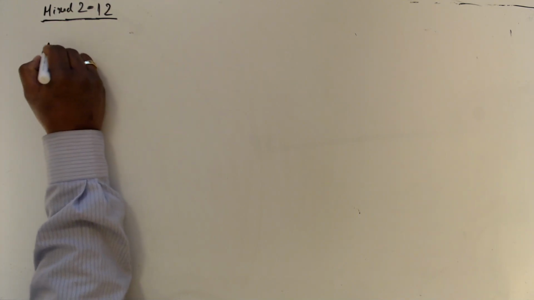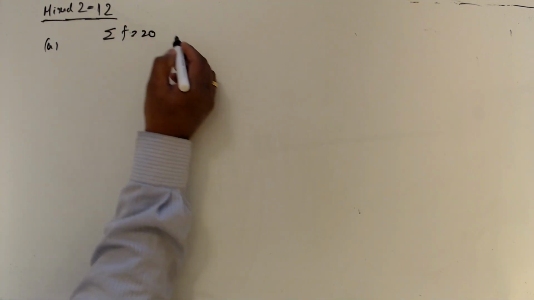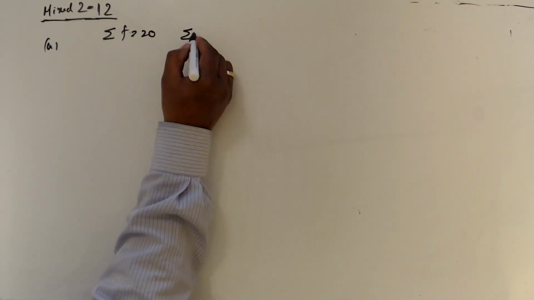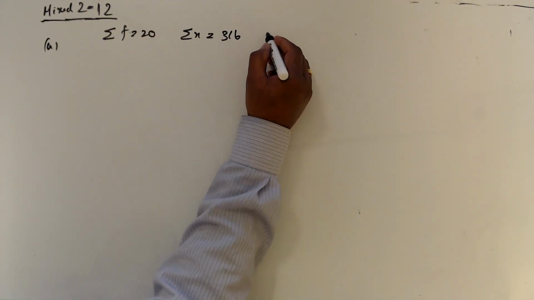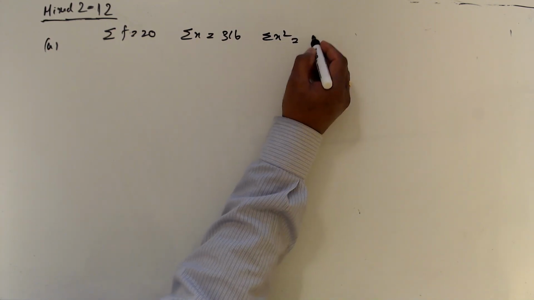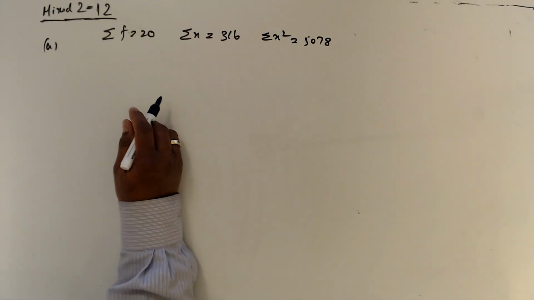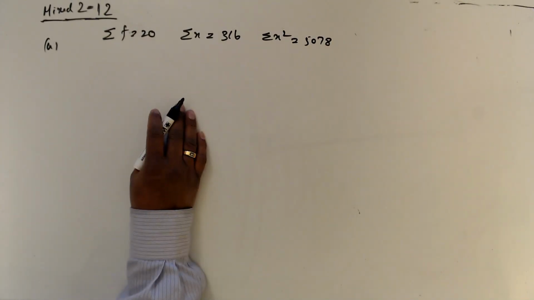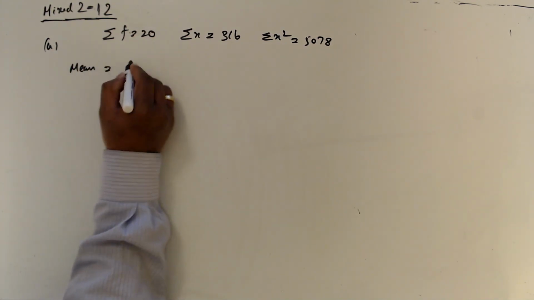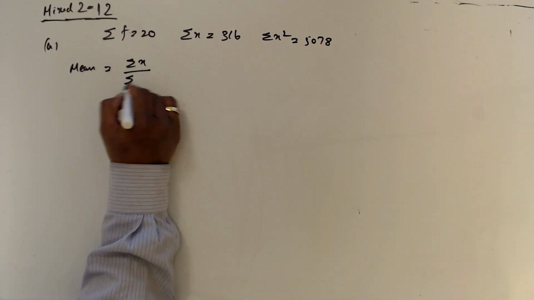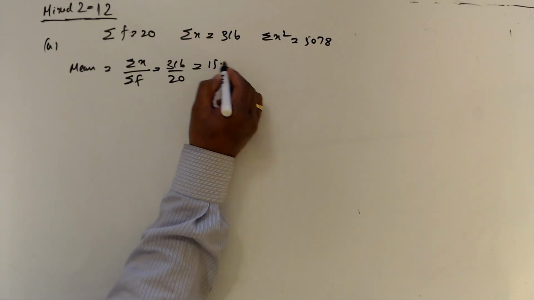Question number 12a. We have summation f is 20 and summation x is 316 and summation x square is 5078. We want to find the mean. Summation x over summation f, 316 over 20, that is 15.8.